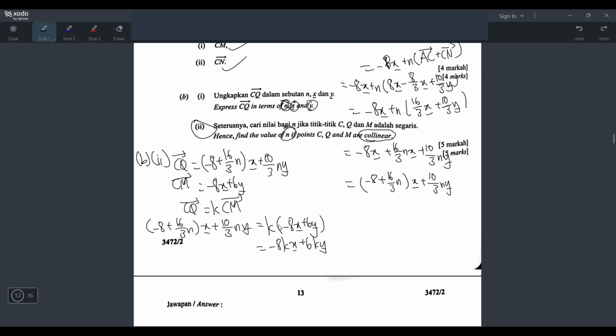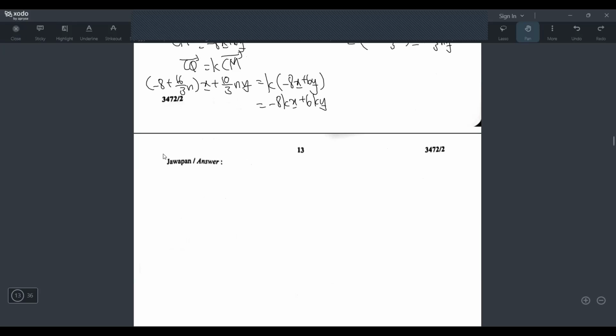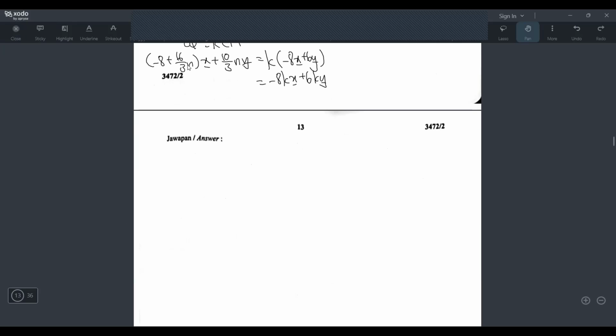So when we're doing a vector question, when two vectors are parallel, you always take the k and expand. After you expand, you compare. Because now on one side you have something x plus something y, and on the other side you also have something x plus something y. So you can compare the coefficient of x with the coefficient of x here.